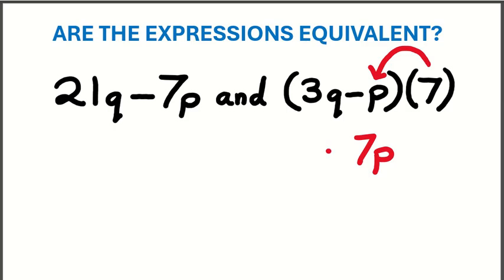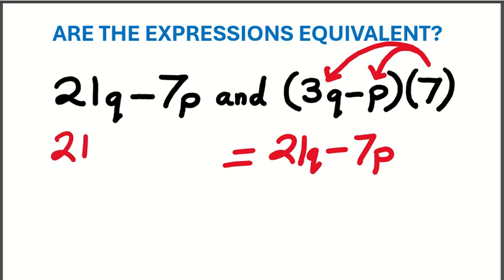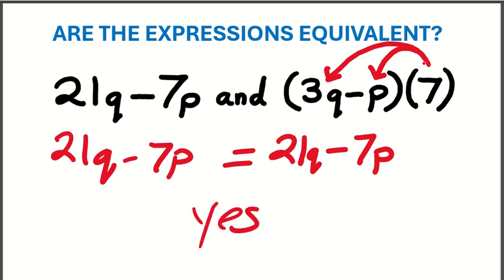We'll drop down our subtraction sign, and 7 times 3q is going to be 21q. Now, is that the same as this expression over here? Are they equivalent? Yeah. All we had to do was distribute the 7, and yes, they are equivalent expressions. Now they're written equal because they look exactly the same.